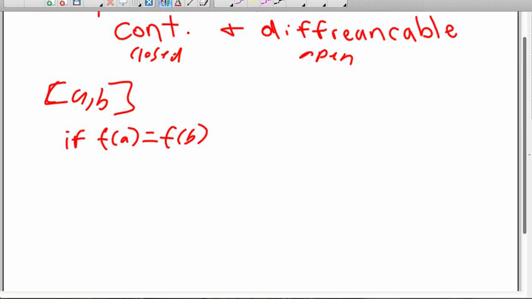So, for example, f of x equals x squared minus 2x.